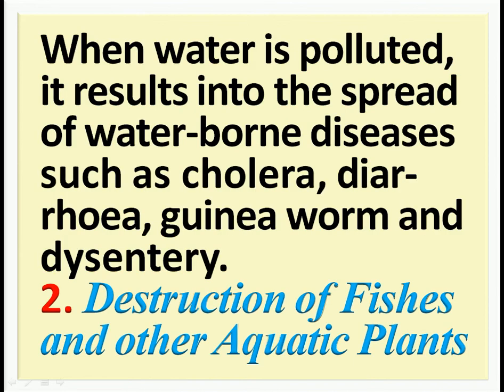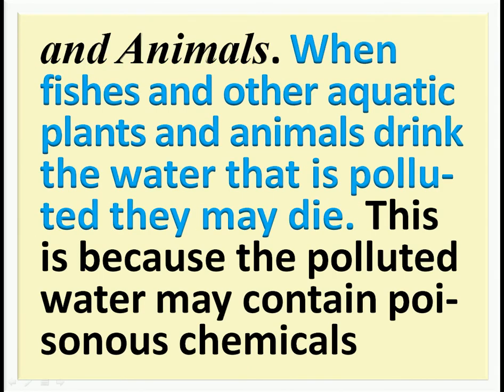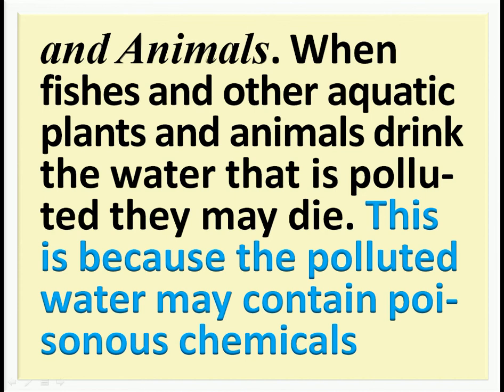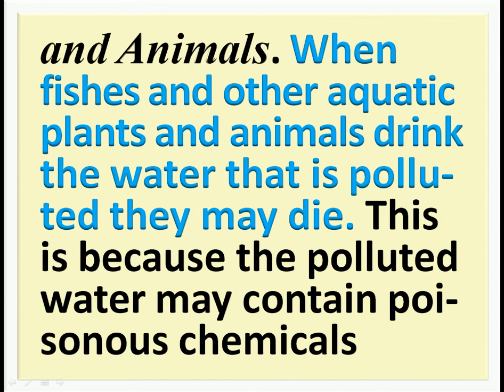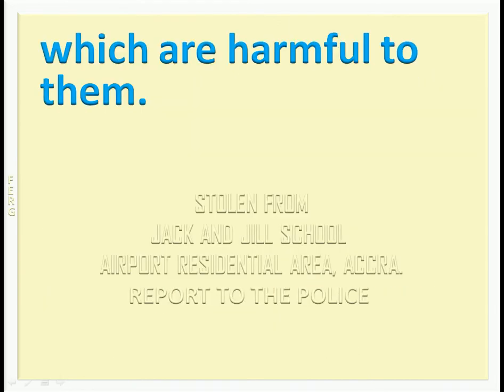Destruction of fishes and other aquatic plants and animals. When fishes and other aquatic plants and animals drink the water that is polluted, they may die. This is because the polluted water may contain poisonous chemicals, which are harmful to them.